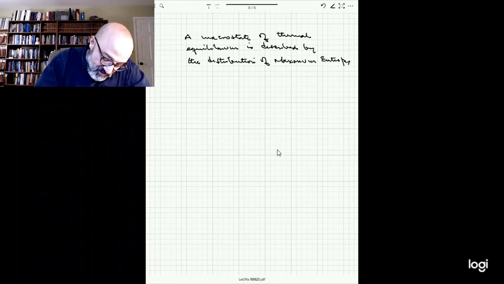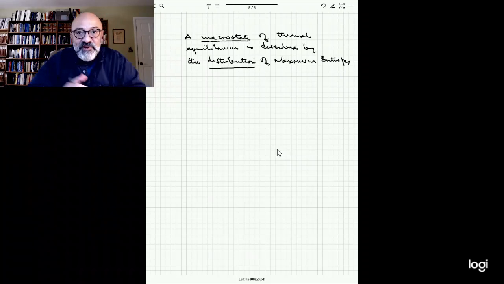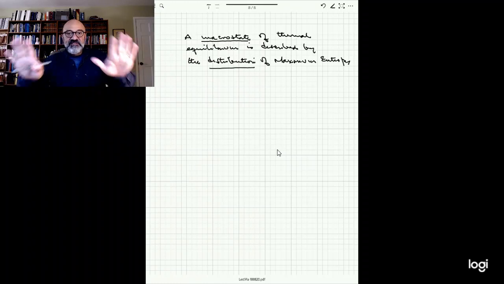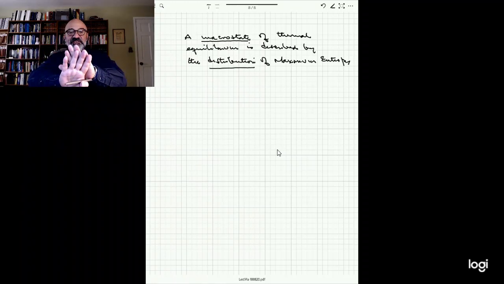So from now on, when we talk about the macro state and we talk about the distribution, we're going to mean the same thing. We just draw an identification between the two.